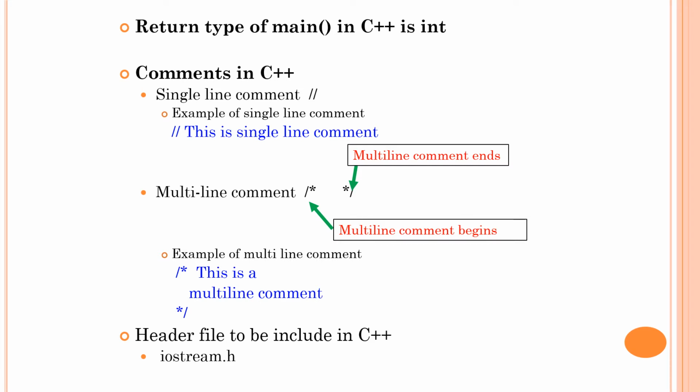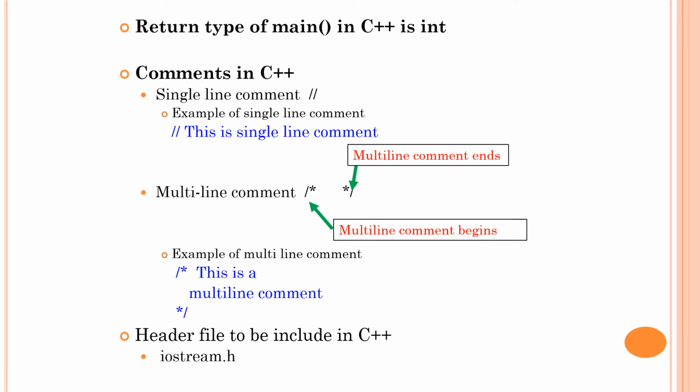Now, let us look at the different types of comments that are supported in C++. C++ supports two types of comments, single line comment and multi-line comment. The single line comment is indicated by a double forward slash. This means that anything that follows the double forward slash is a comment, as shown in the slide.